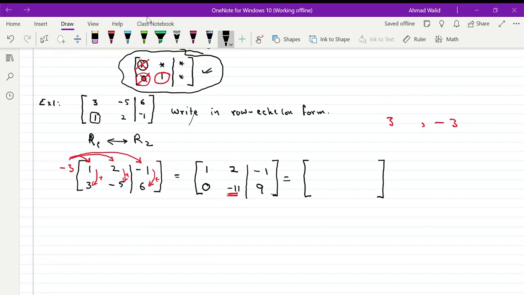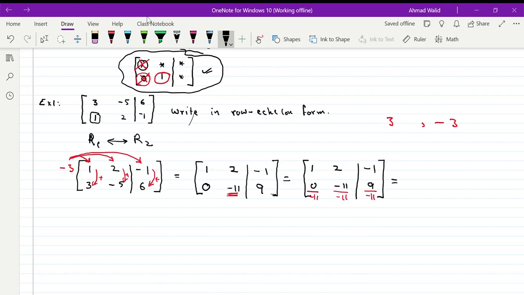I will copy again my row 1: 1, 2, negative 1, and I'll divide my row 2 by negative 11. Then I'll write 0, negative 11, and 9. All of them divide by what? All of them divide by negative 11. I want to show you the operation here. I don't want to do it in my mind, correct?